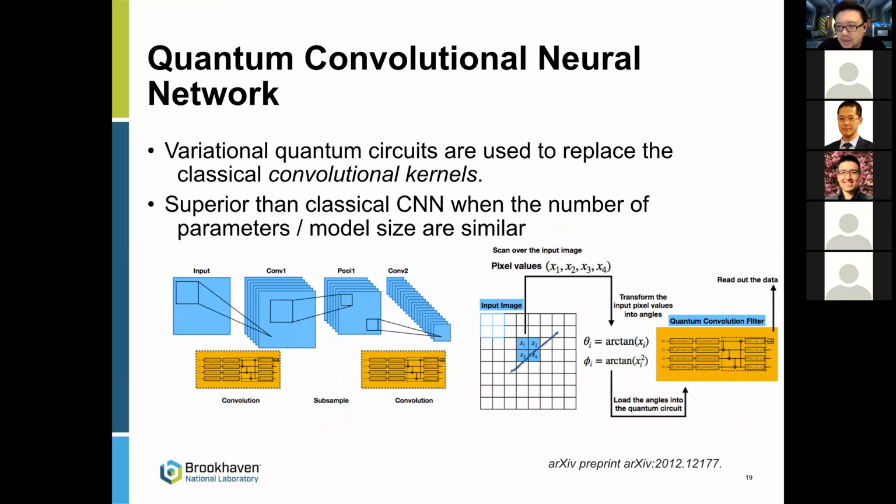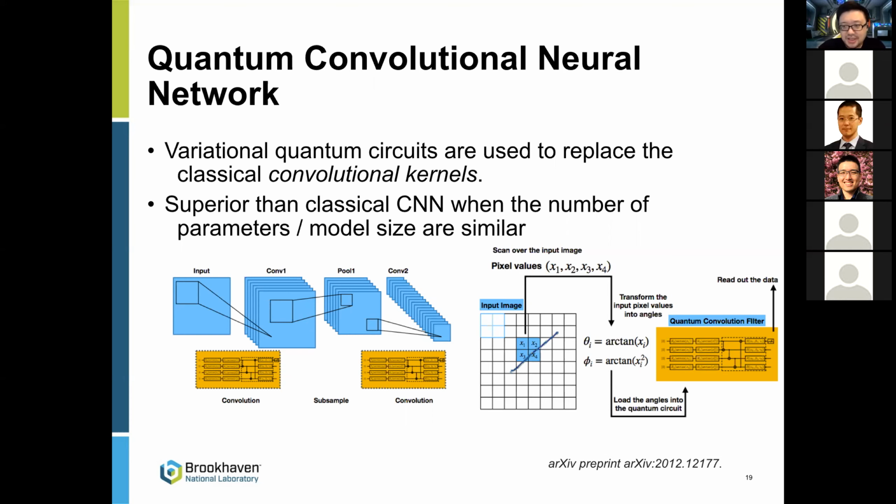Then we can use these variational quantum circuits in a more advanced way. Imagine that you have a classical convolutional neural network. In the classical convolutional network, there are several neural networks to perform the convolutional kernels, and these convolutional kernels will scan over the input images.